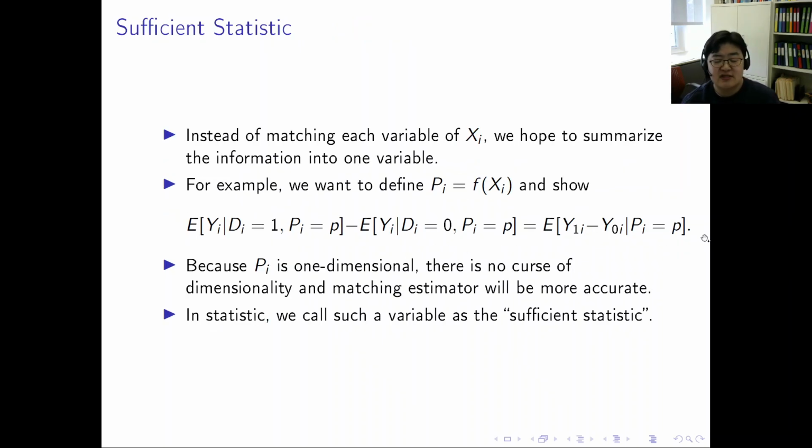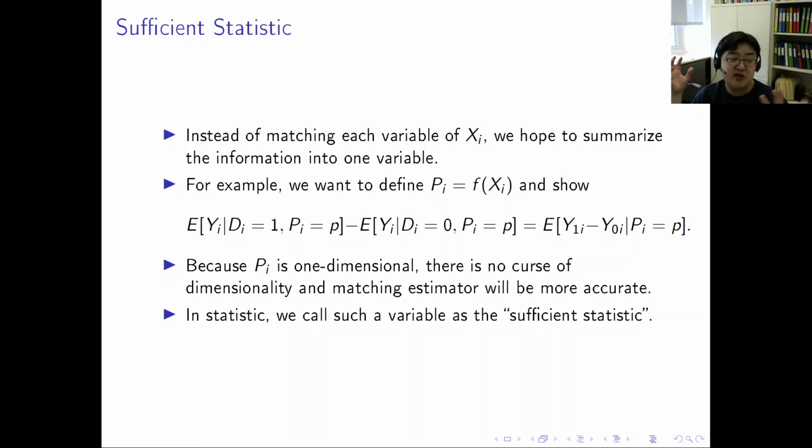So this idea already exists in statistics. In the statistics literature, it's called sufficient statistic. What we want is, instead of matching each variable in the control, we would like to summarize the information in all the characteristics into one variable.